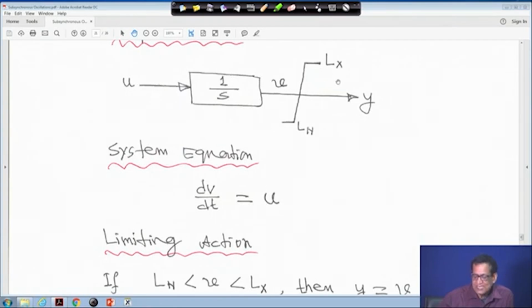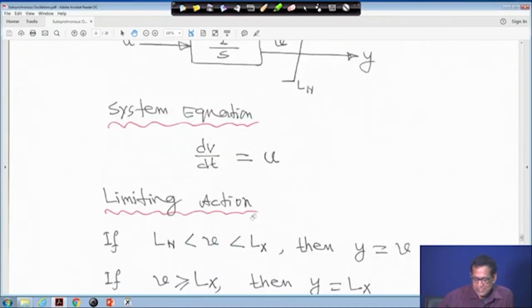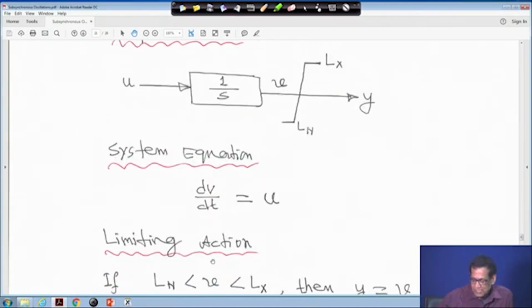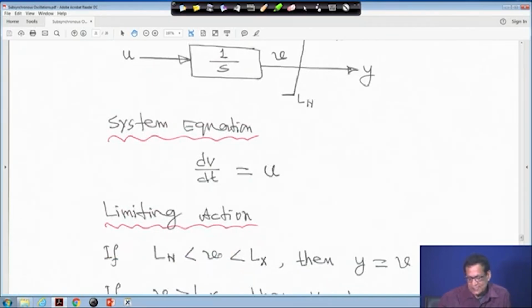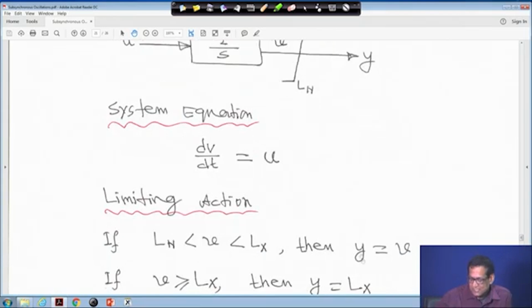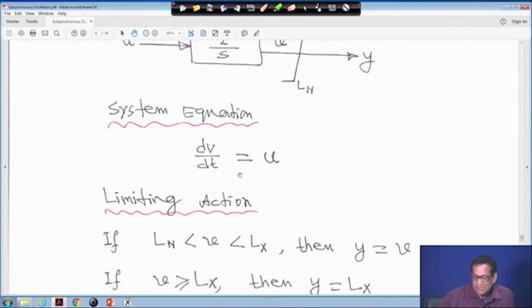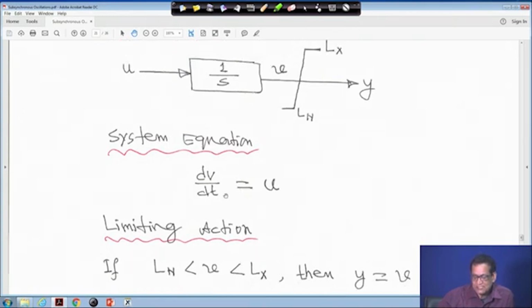Lx and Ln, the upper and lower bound. So, for the limiting action, when V, this output, lies between Ln and Lx, that is, the constraint is not violated, then y is equal to V, that is, it passes. So, V will pass if V is lying between Ln and Lx, and dV by dt is equal to u.